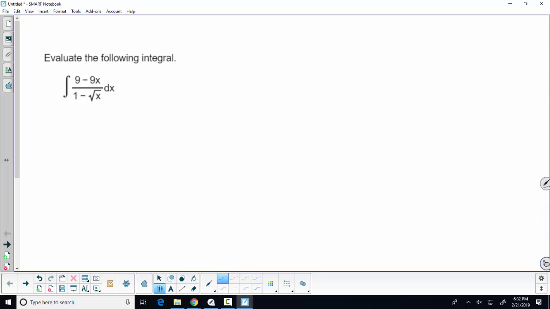So there was a question from 8.1, homework 8.1, number 6. Well, we can look it up too. So an idea was to take 9 minus 9x over this and multiply it by x squared over x squared.